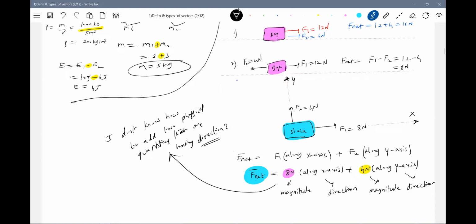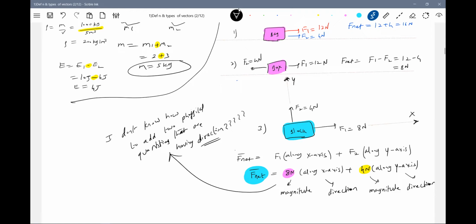That's the primary question. So who will answer this? Vector algebra. Yes, by using vector algebra, we can add two quantities which are having direction also.